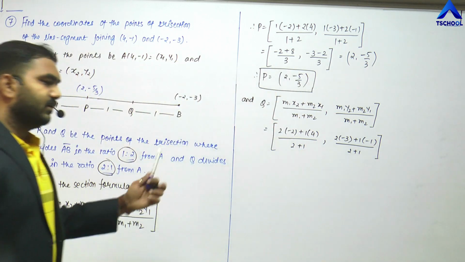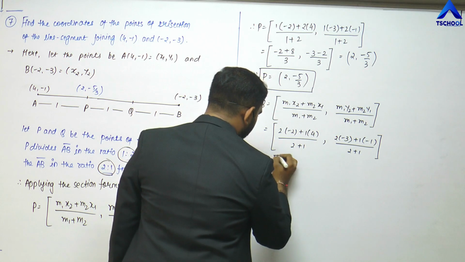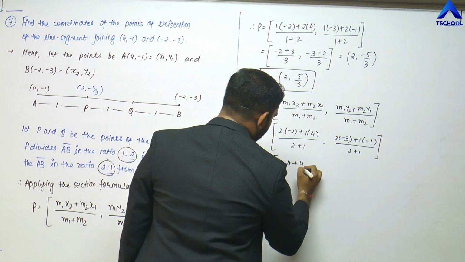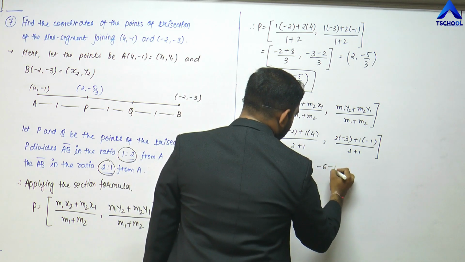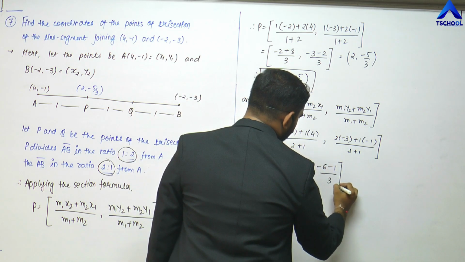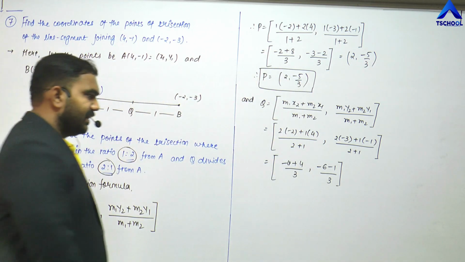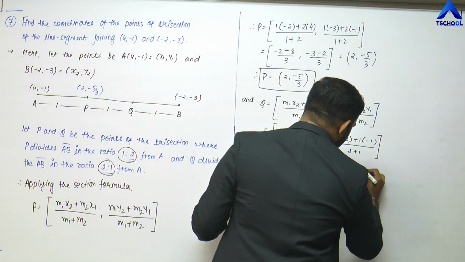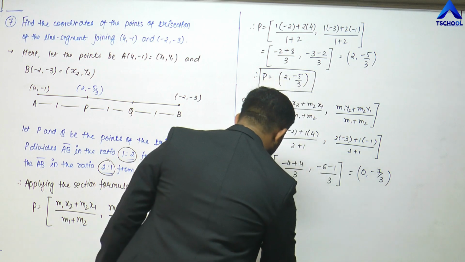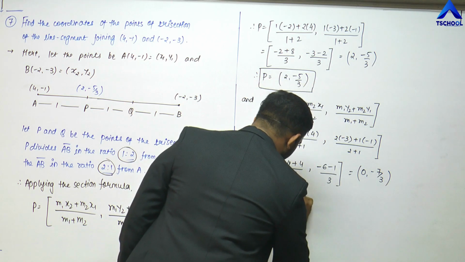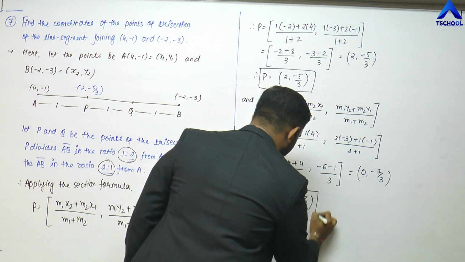Right, resolving this, that is minus 4 plus 4 upon 3 comma minus 6 minus 1 upon 3. So minus 4 plus 4 is 0 and minus 6 minus 1 is minus 7, that is 0 comma minus 7 by 3. Therefore Q is equal to 0 comma minus 7 by 3.